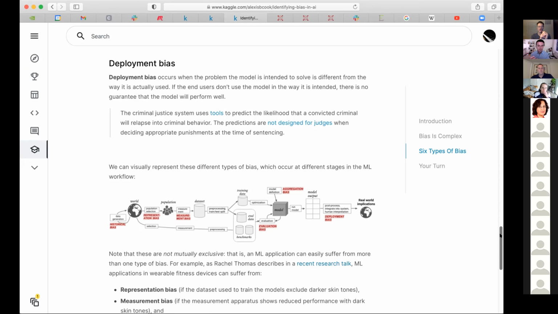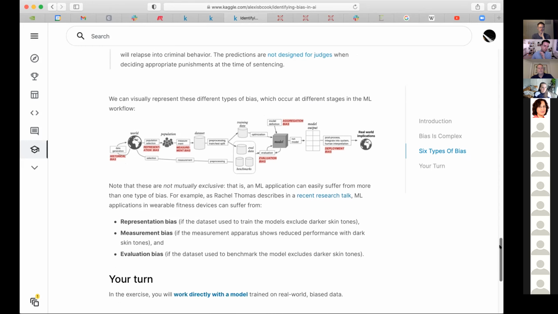The example here is a criminal justice system that is using predictive models to predict the likelihood of recidivism. And these predictions are not designed to be used by judges to determine appropriate punishments at the time of sentencing, but it's conceivable that they could end up being used that way. So just another thing to be aware of.